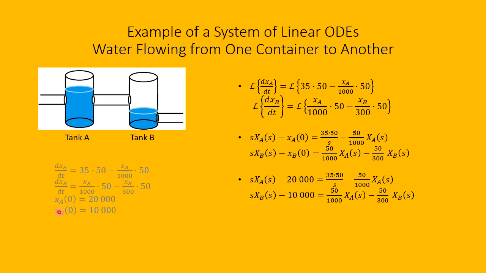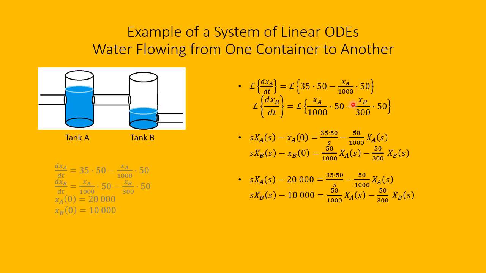So here are the two differential equations and the initial conditions that we saw on the previous slide. So what are we going to do? We'll take the Laplace transform of both sides of this equation. So the Laplace transform of the derivative of x sub a with respect to t equals the Laplace transform of this right-hand side, which is right here.